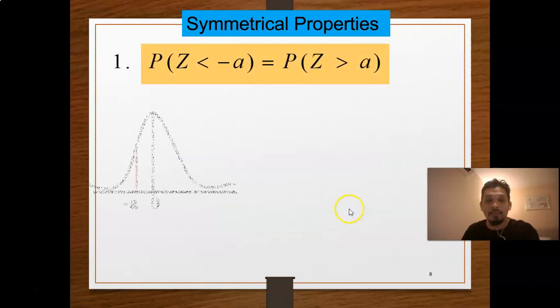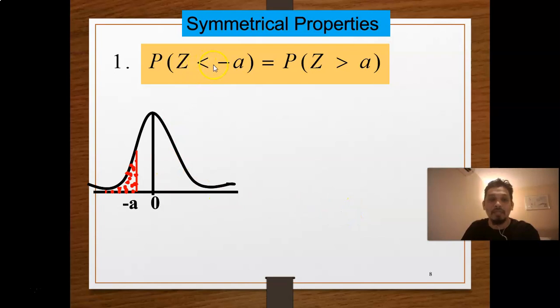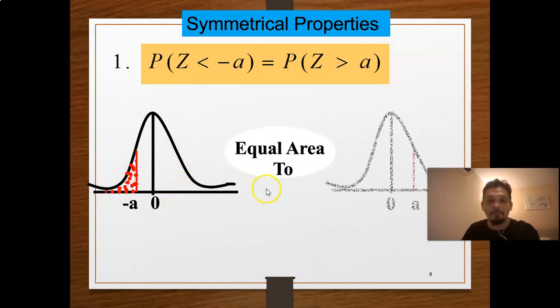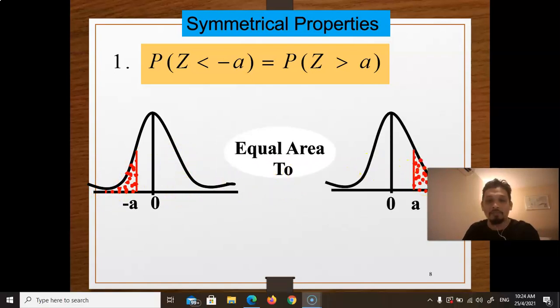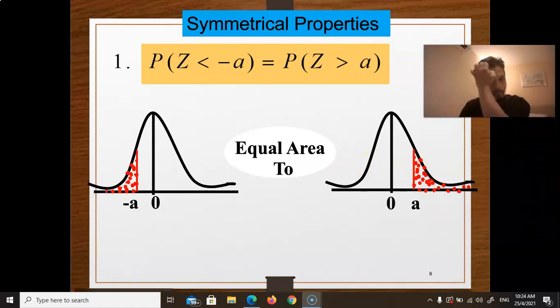Okay, so symmetrical on the left side for Z less than negative a. Imagine that if we fold this, or bring this area with the red dot to the other side here, it is equal to the area of this.